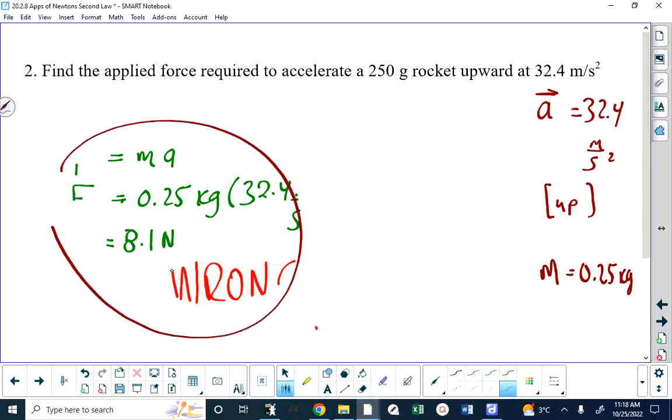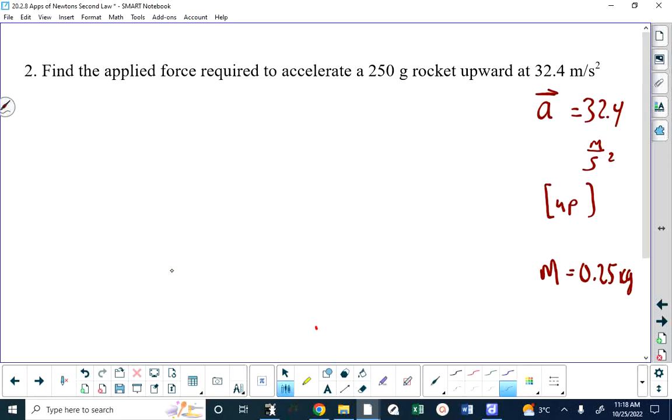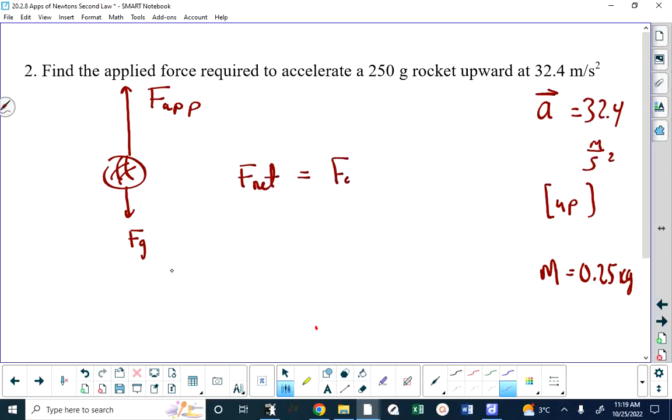Instead, you say, well, this is the object we're accelerating up. There must be an applied force upward, a force of gravity downward, and F net equals the applied force upward minus the force of gravity. Remember doing that?